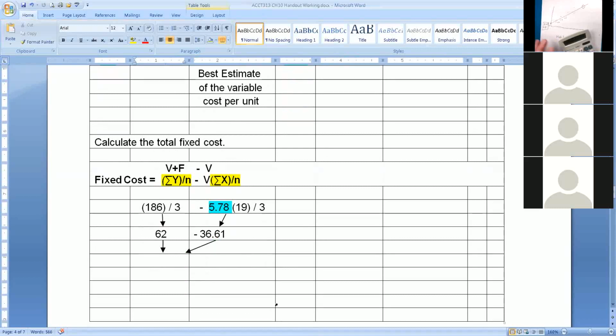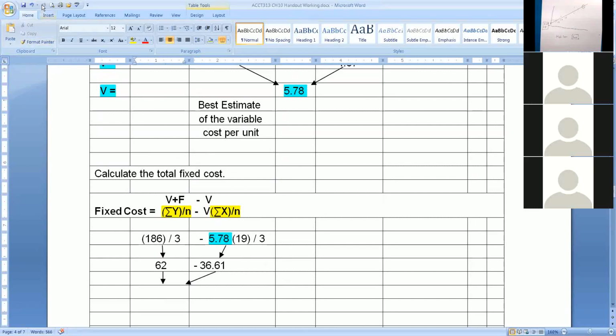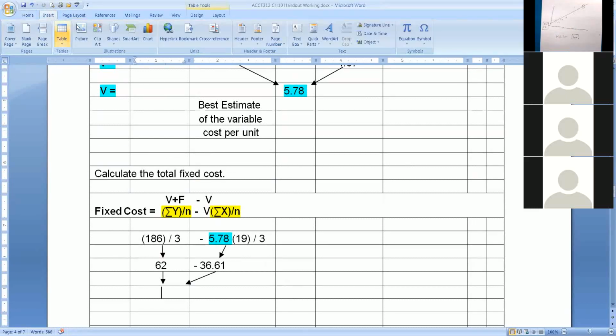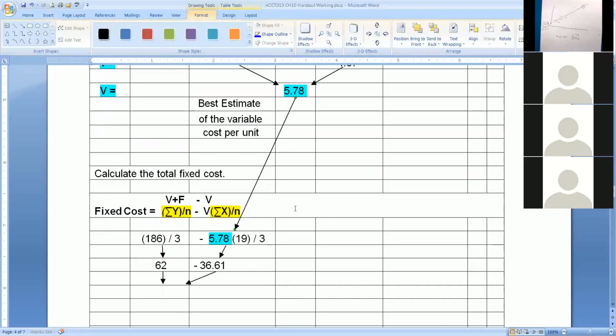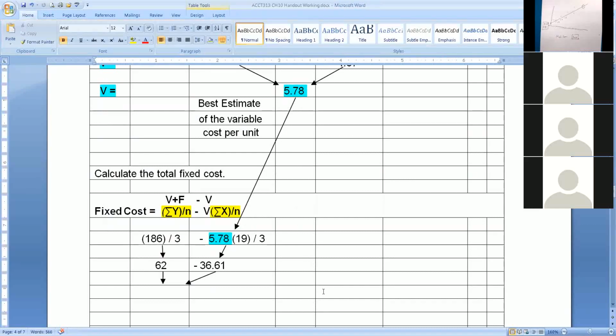All right, so 36 of them, whatever that is. Oh, I lost my shapes. $25.39. And so this is the fixed, I should say total fixed.